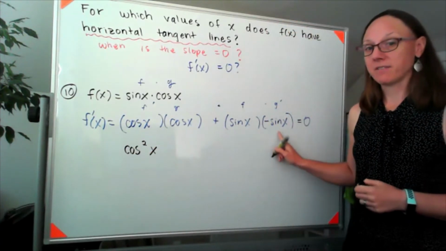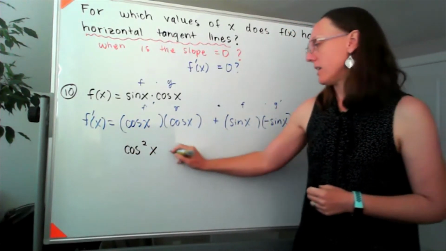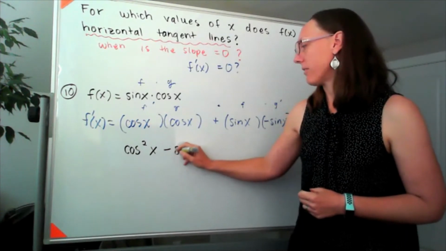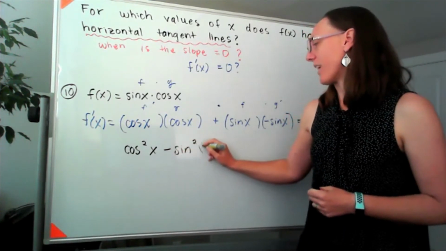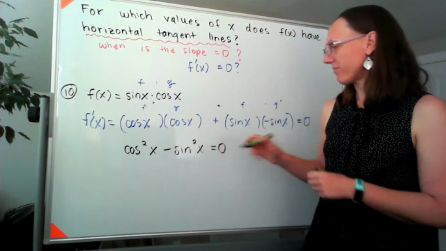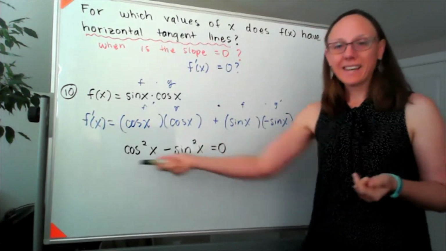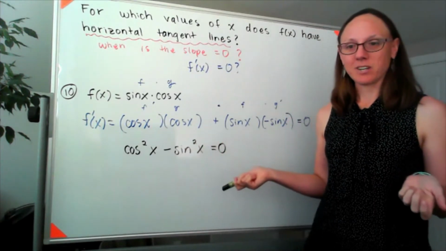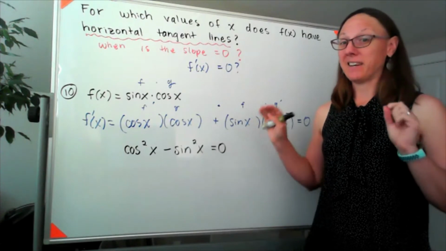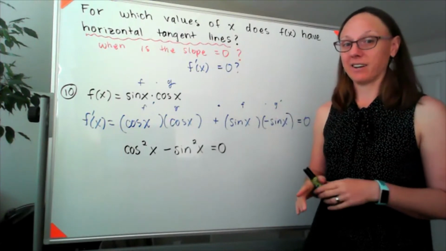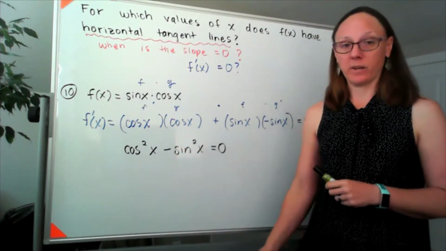Here, I've got a positive sine times a negative sine, so it's going to be negative sine squared x. Now you might be thinking, wait, isn't that basically that trig identity we're supposed to have memorized? It's not, because that trig identity has a plus in between.